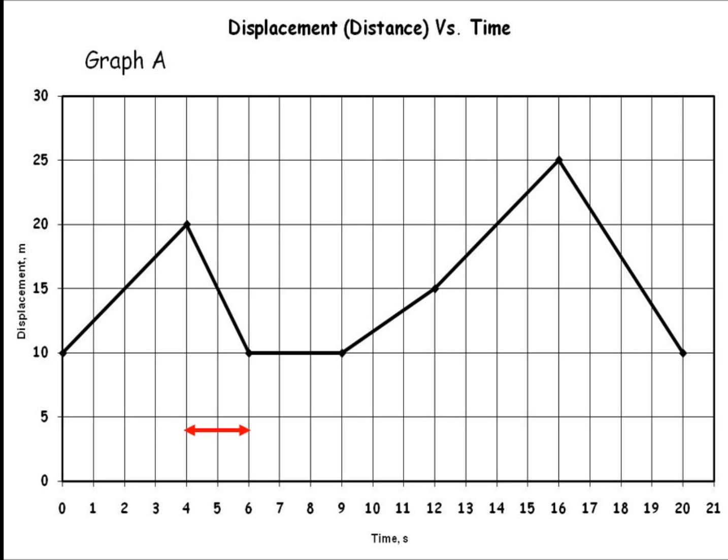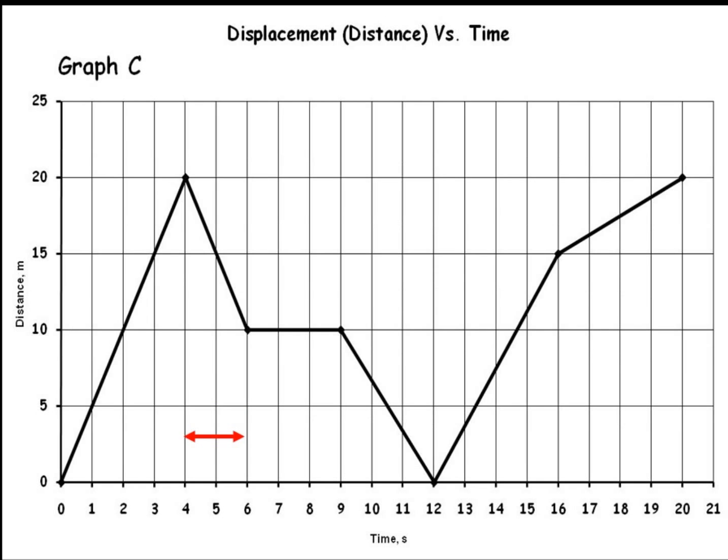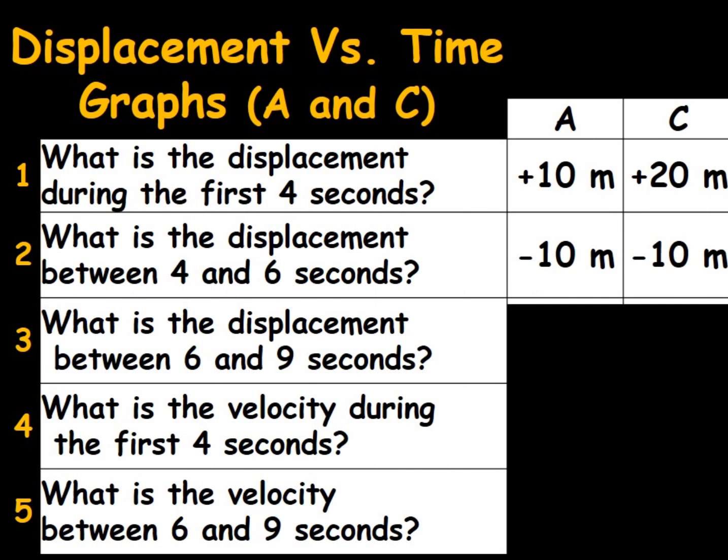So the question is, how much is it going? It's going from 20 to 10, backwards. And this one is going from 20 to 10, backwards. So therefore, it would be negative 10 in both cases. Now, remember that this is directional. It's actually a vector, and you can see that it's negative 10 and negative 10.